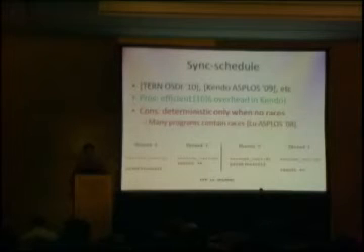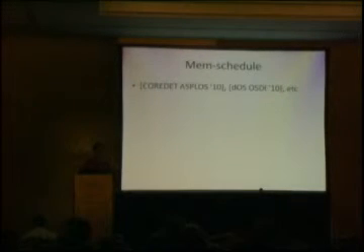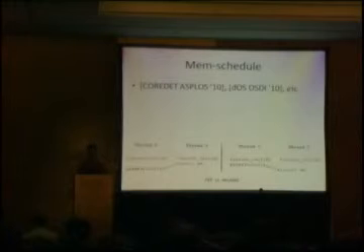In order to make data races deterministic, some DMT systems, such as CoreDet and dOS, use mem schedule, which is a deterministic order of shared memory accesses. These systems always enforce the same order for memory accesses, as we can see.